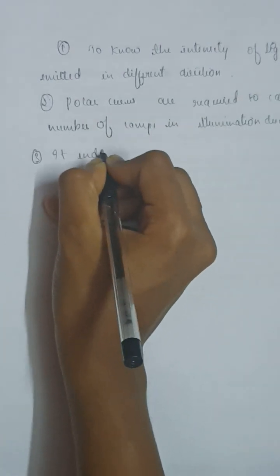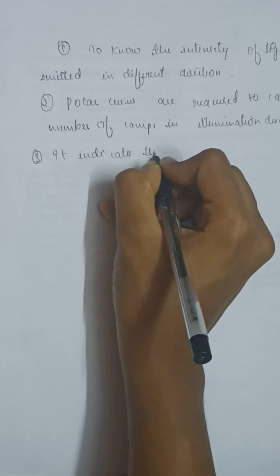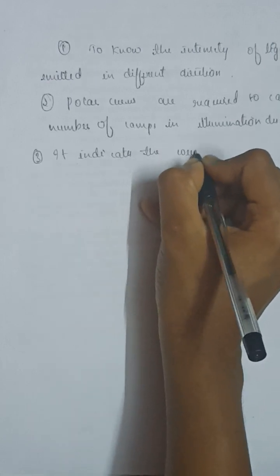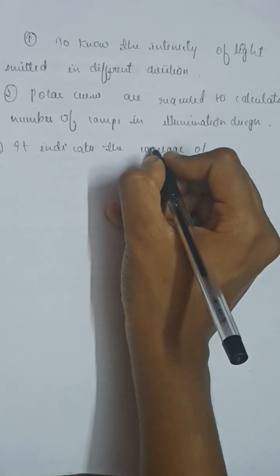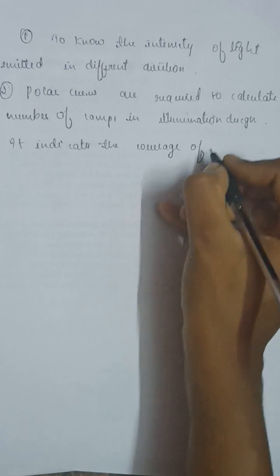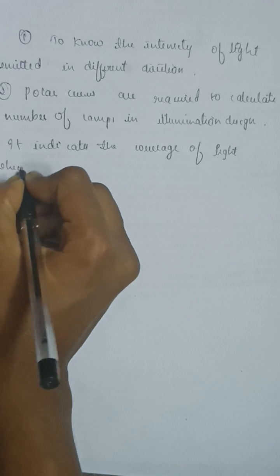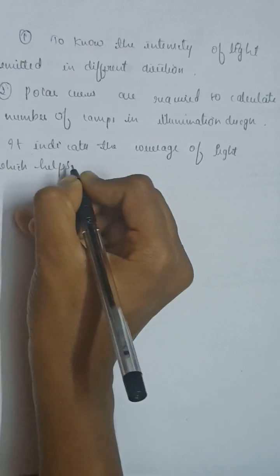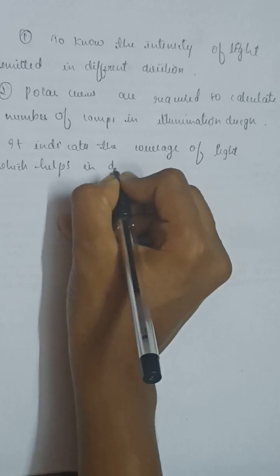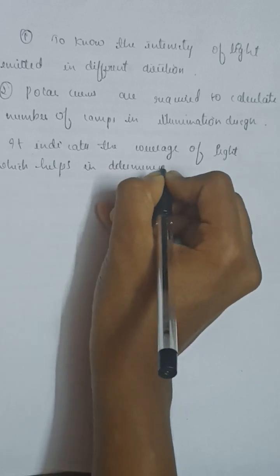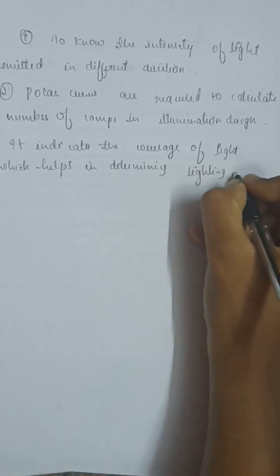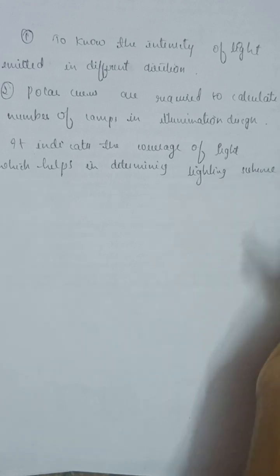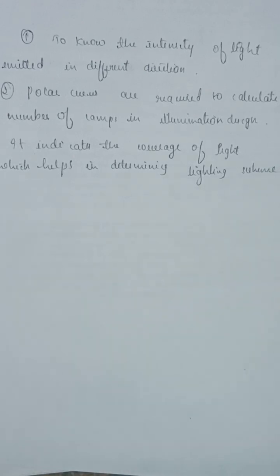It indicates the coverage of light, which helps in determining the lighting scheme. So this is the end of the concept polar curves. Thank you.